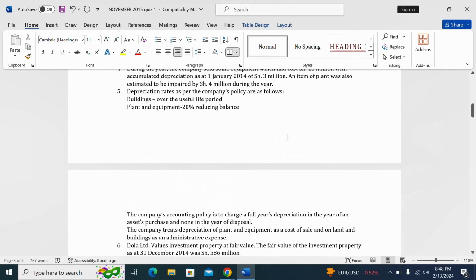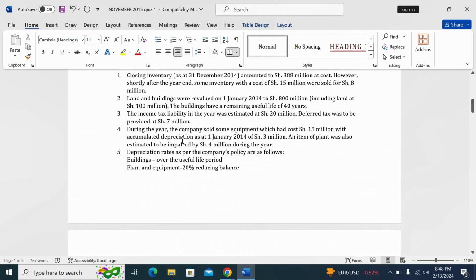Then we calculate either the gain or the loss on disposal. Remember, the gain or the loss on disposal is usually equal to the sale proceeds minus the book value or the fair value of the asset being disposed.